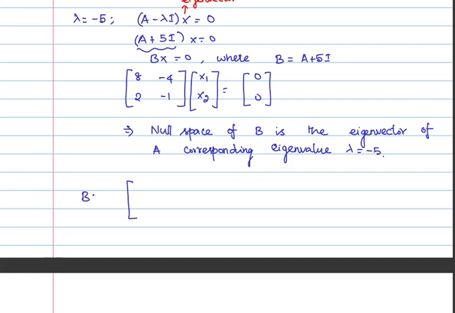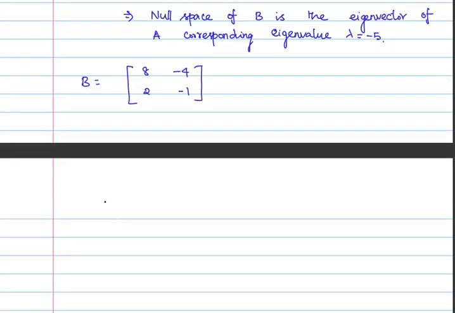So B equals [8, -4; 2, -1]. I want the pivot element to be 1, so this is equivalent to [1, -1/2; 2, -1]. This is my pivot element, correct? Pivot element means the entry below it must be 0. How can we convert? Here R1 is simply R1 divided by 8.